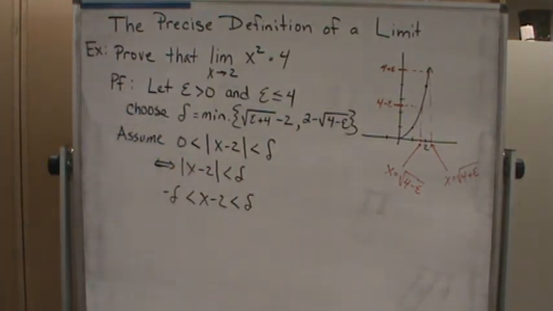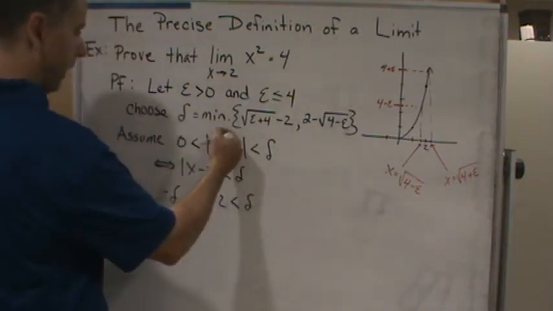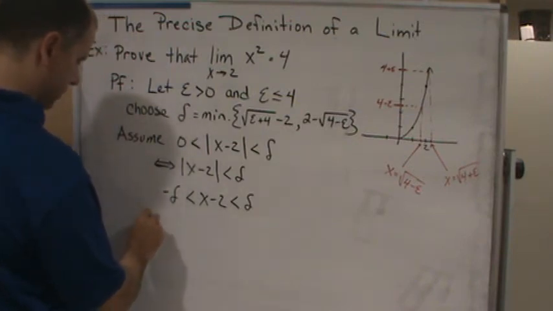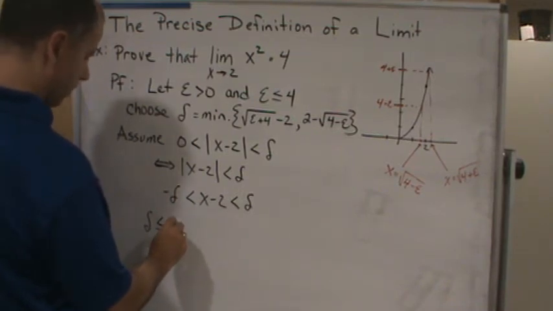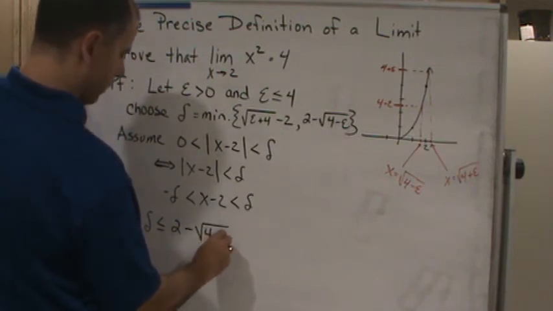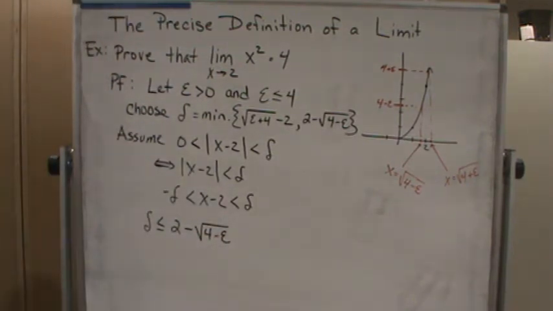Well, from that, we know that delta is going to be less than or equal to 2 minus the square root of 4 minus epsilon, right?